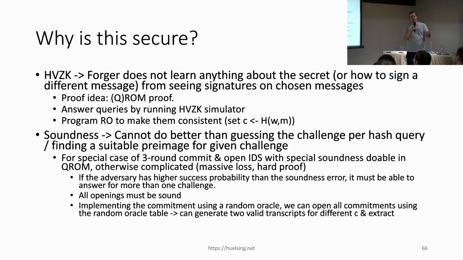The only thing I have to make sure is that they have this little property that the challenge in the transcript is actually the hash of the commitment message and the message that gets signed, and potentially the public key. So what I'm doing is, I'm using the random oracle, my good old friend, and I'm programming it, given the transcript, such that this transcript and the message actually is consistent with the challenge in the protocol.